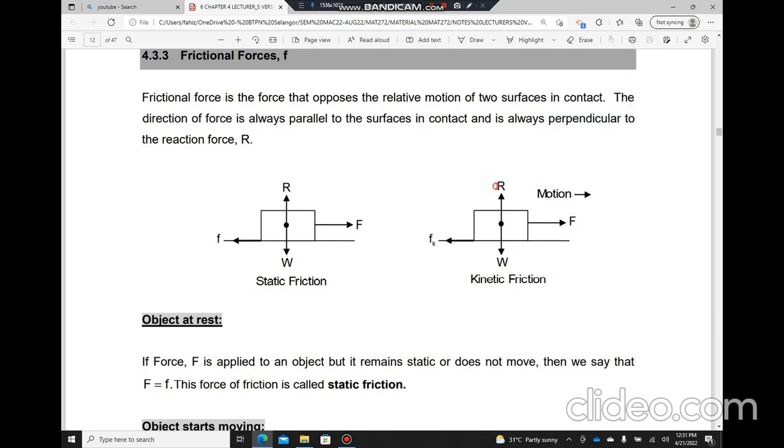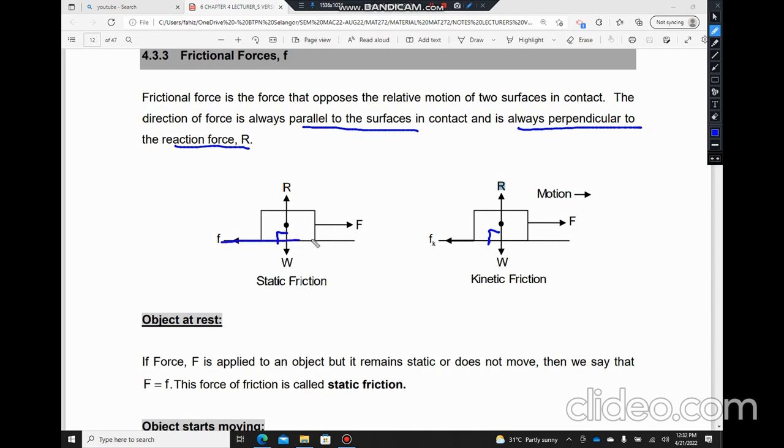Maksudnya kalau reaction kat sini, dia sentiasa membentuk sudut 90 darjah kat sini. And then dia sentiasa perpendicular dengan R, and then dia parallel dengan surface. So kalau surface kat sini, nampak tak? Dia sentiasa parallel.